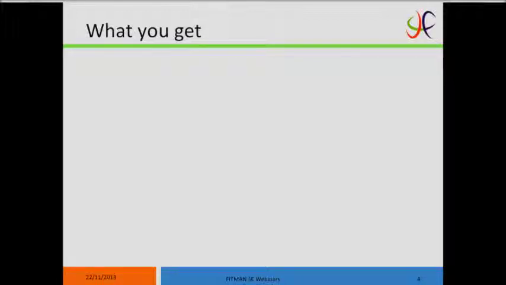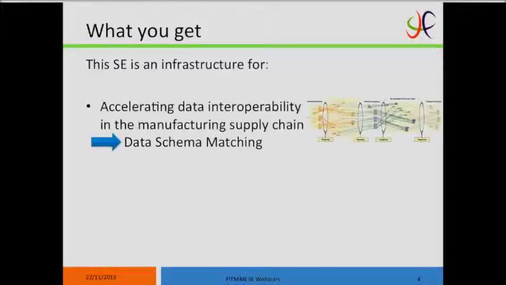So with this specific enabler, you get an infrastructure that's able to accelerate interoperability in the manufacturing supply chain. So it performs data schema matching, and you can change documents from one XSD to the other, which is quite valuable for enterprises that operate in a supply chain and that often talk to each other.